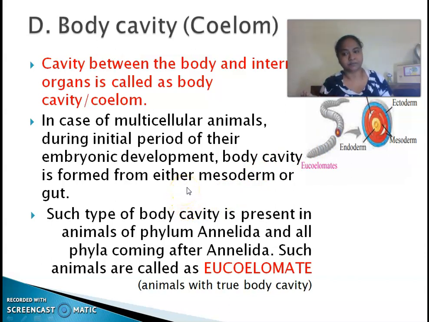Such a body cavity is present in the phylum Annelida and all such phyla coming after Annelida. Such animals are known as eucoelomates. That means these animals show a true body cavity.